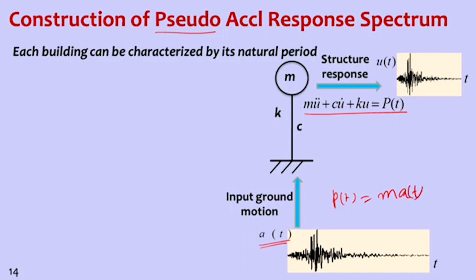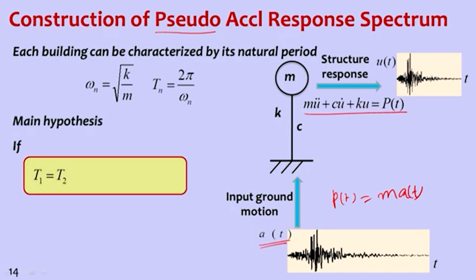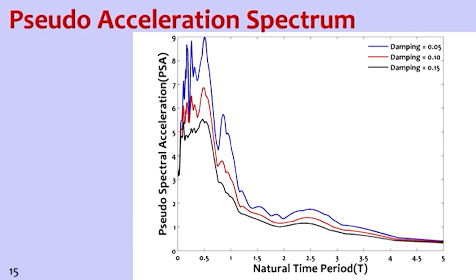Now what we do is we get the response for many structures like that, and then use the concept of the spectrum. For the given El Centro ground motion, for different damping values, we have plotted this response spectrum for acceleration. The black one is for 15% damping, the red line is for 10% damping, and the blue line is for 5% damping.